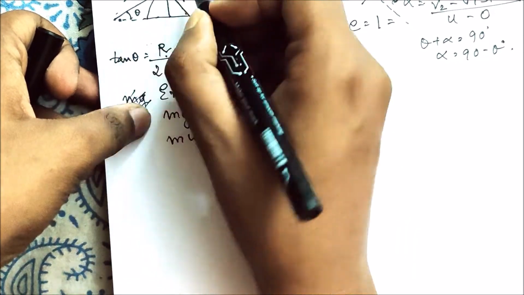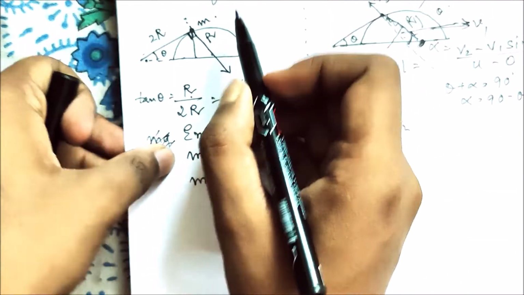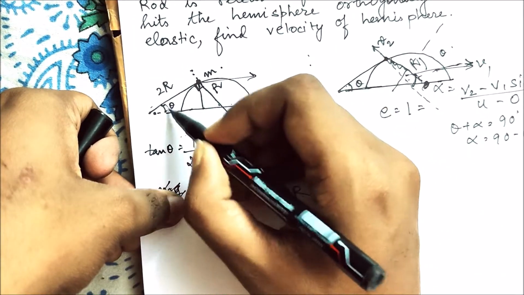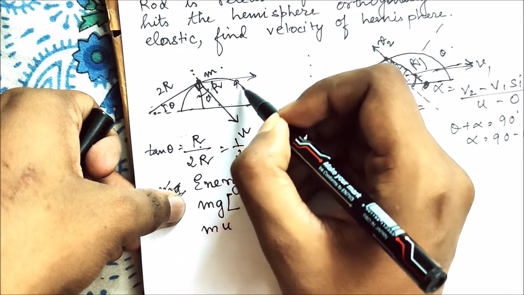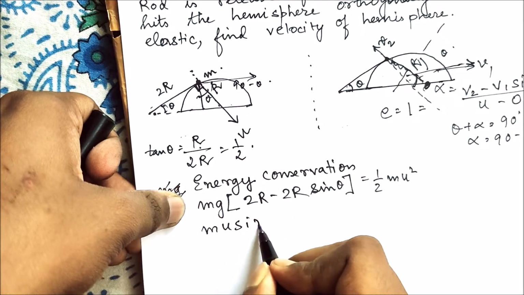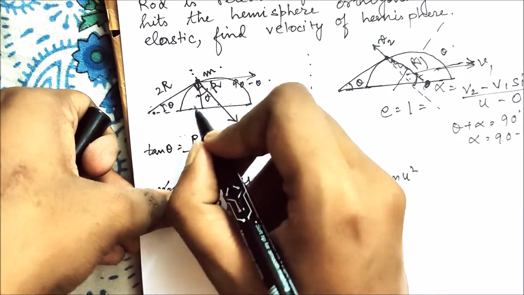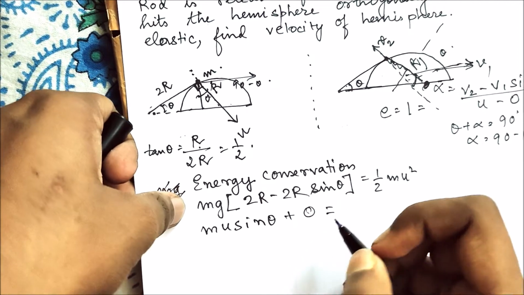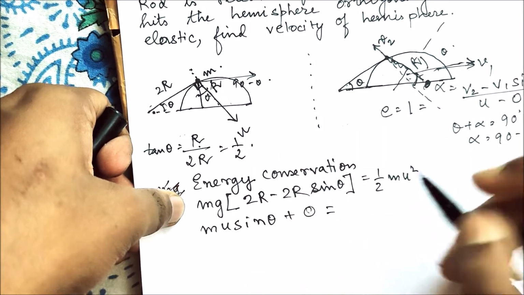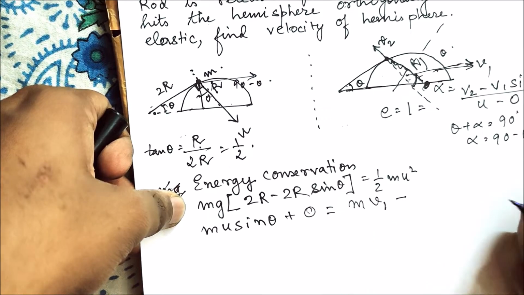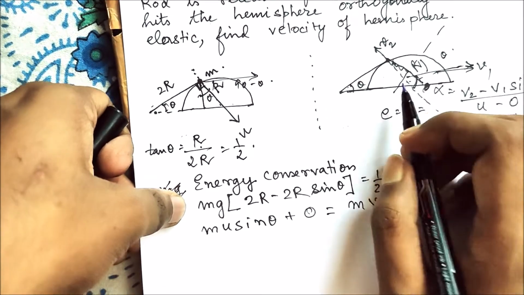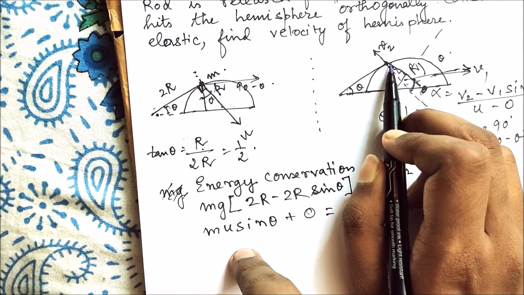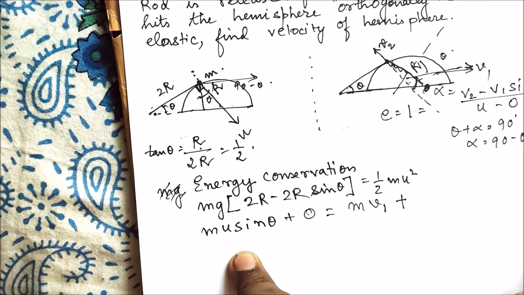So we write m into u into this component. This is theta, so this is 90 minus theta, so m u sine theta, plus the linear momentum of the sphere, which is 0. The final momentum of the sphere is m into v1, plus the momentum of the ball on top of the light rod.